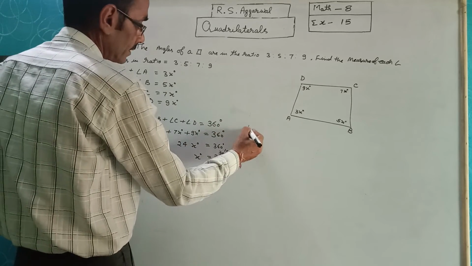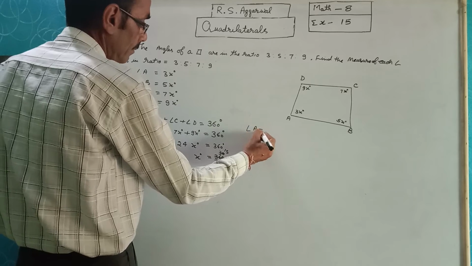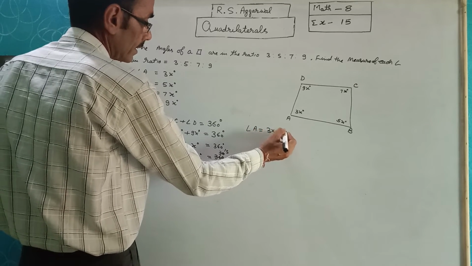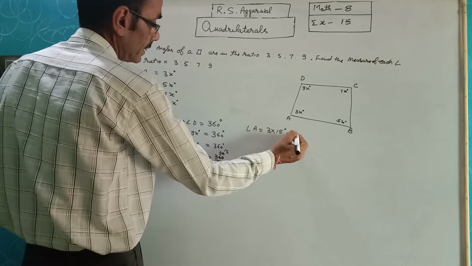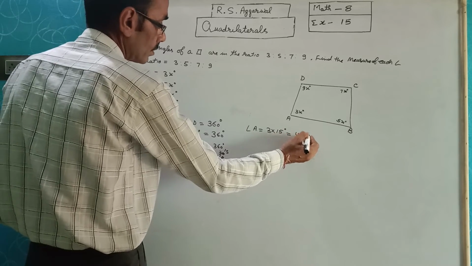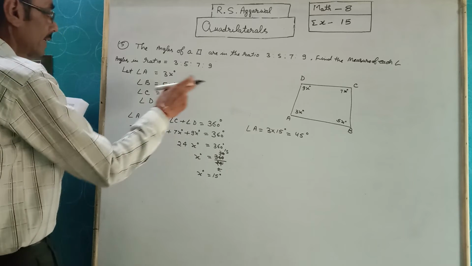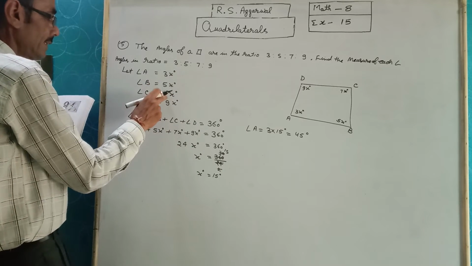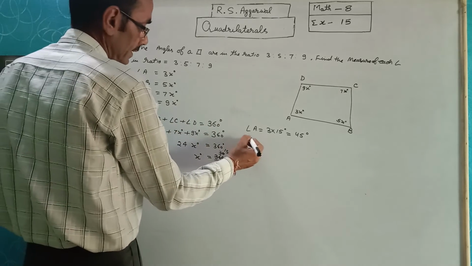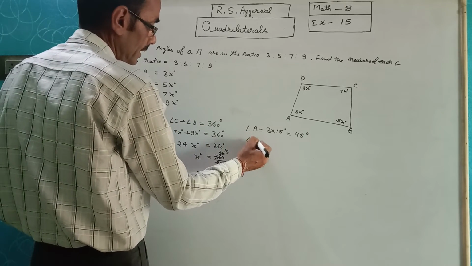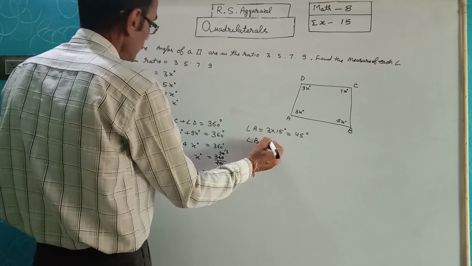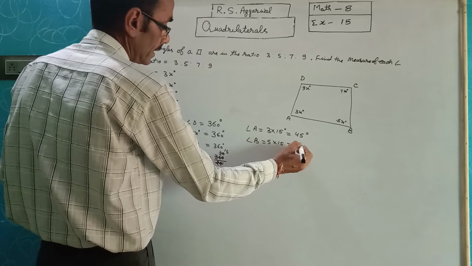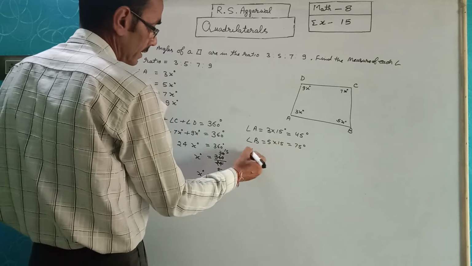Then angle A will be 3 into 15 is equal to 45 degree. Write the value of x for angles A, B, C and D. Angle B will be 5 into 15 is equal to 75 degree.